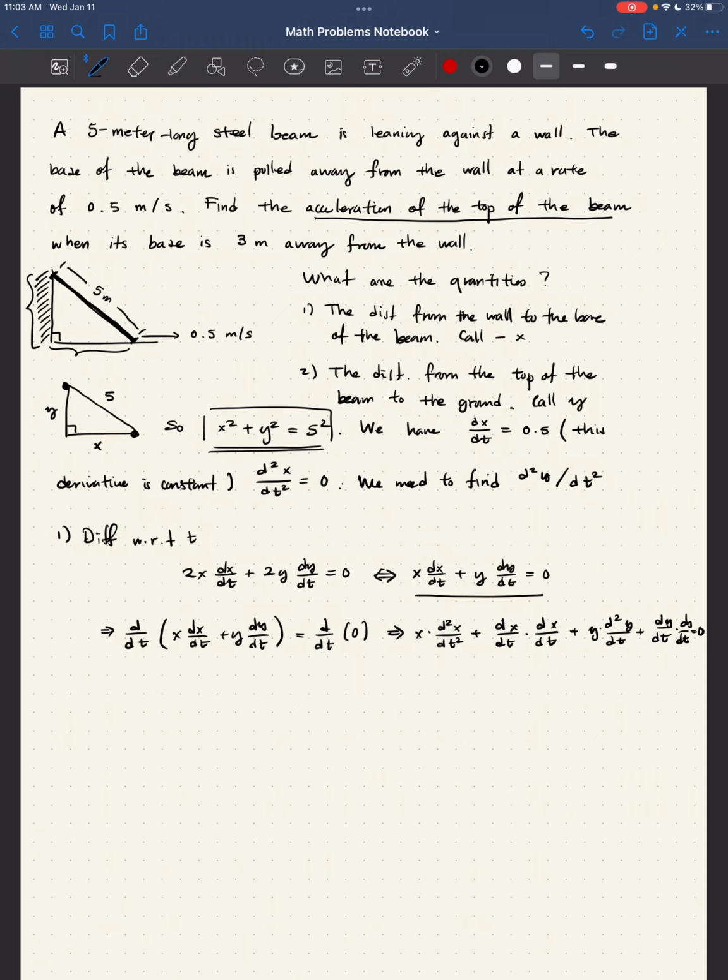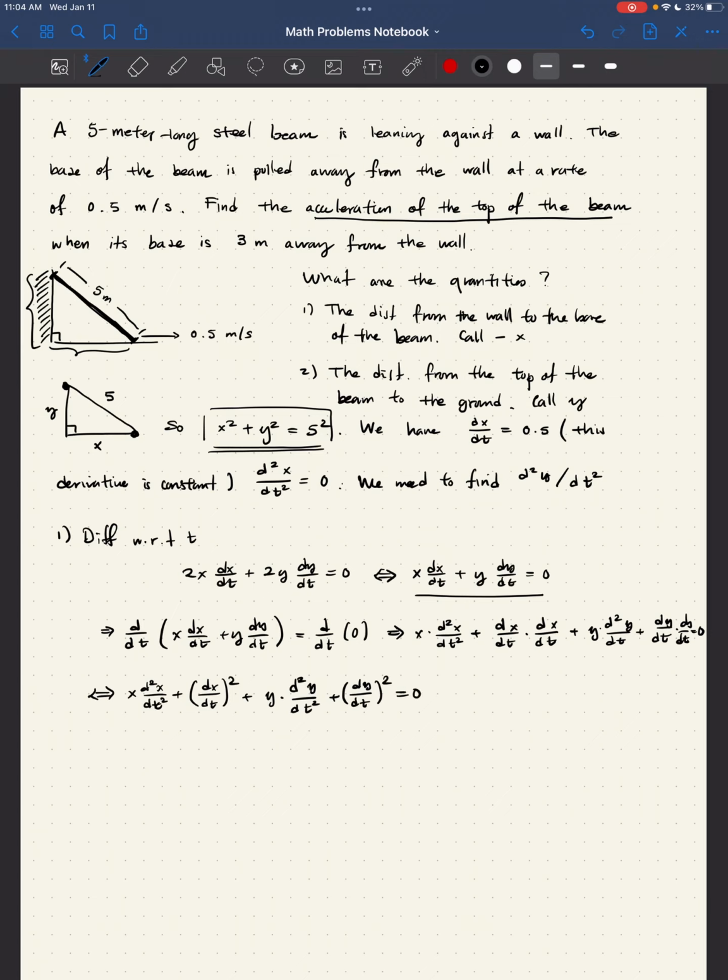Okay, we may simplify this expression into the following, which now is x times the second order derivative of x with respect to t, plus dx/dt squared, plus y times the second order derivative of y with respect to t, plus dy/dt squared equal to 0.